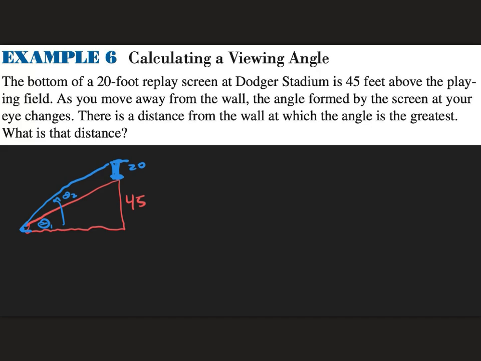The angle theta is going to be the tangent inverse of 65, the height of the screen, divided by x. So 65 is the height over the distance, where this is x. Now we're using y and x again. Minus tangent inverse of 45 over x.